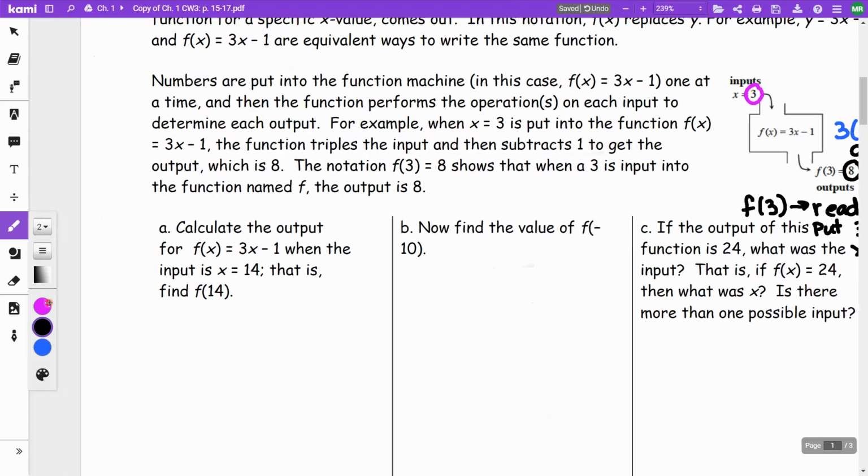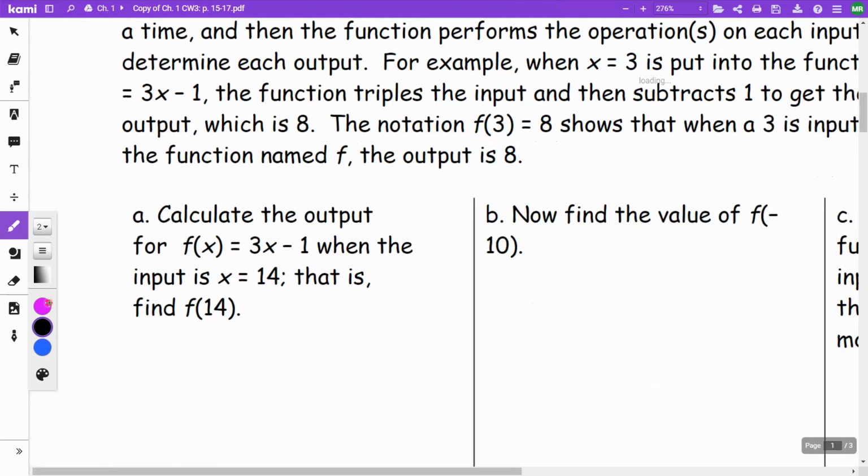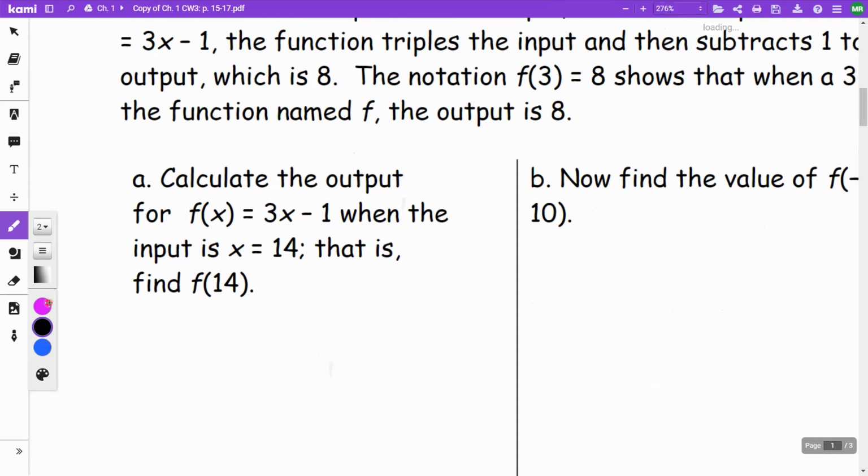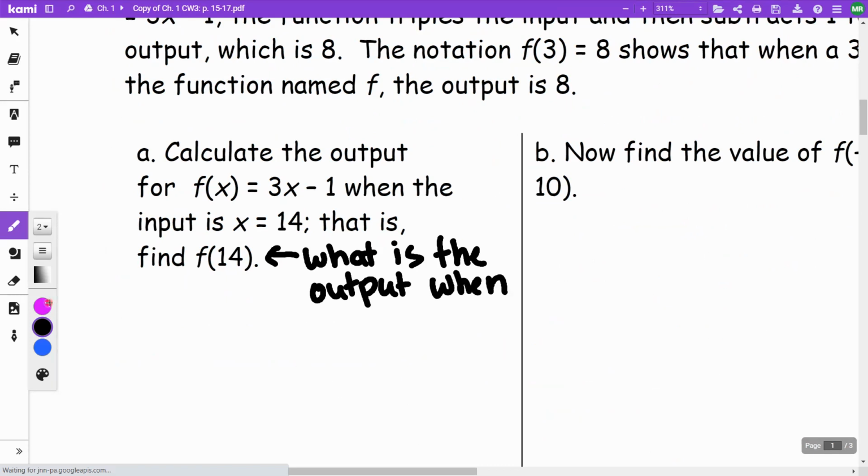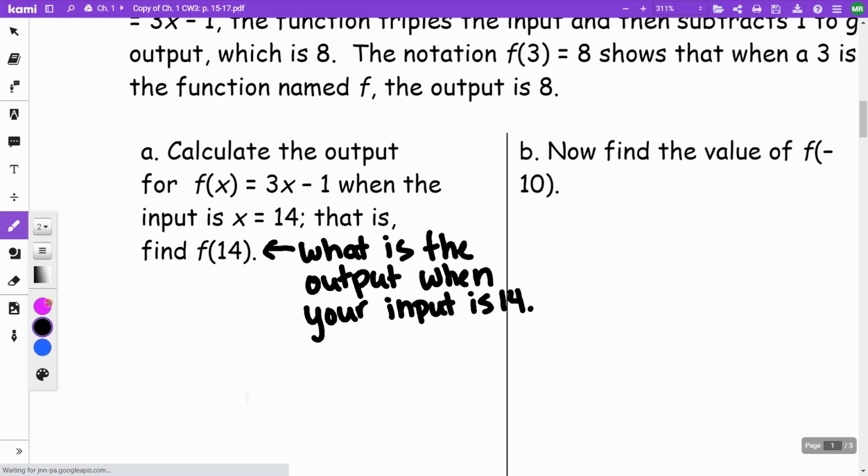So in this situation here, they want us to find f of 14. They want to know what is the output when your input is 14. What do you get out when you put in a 14?